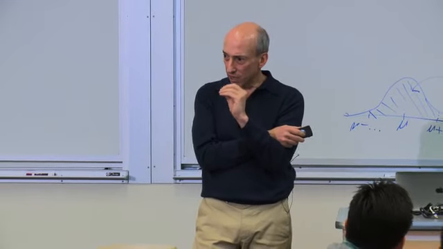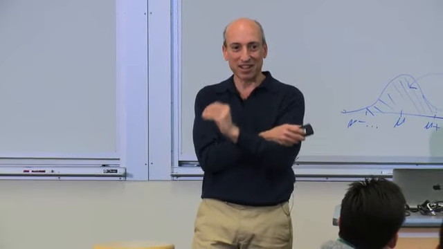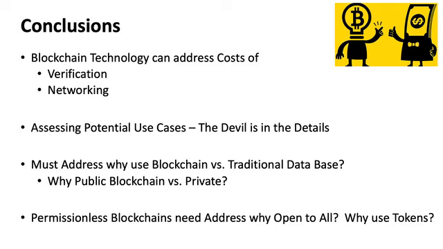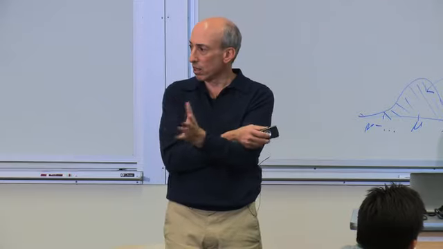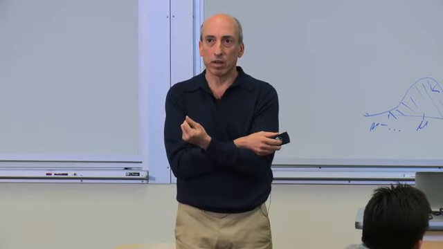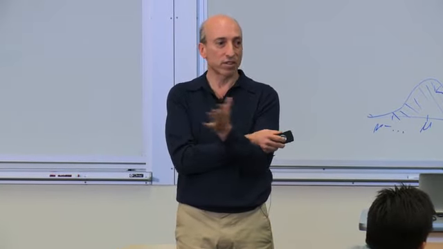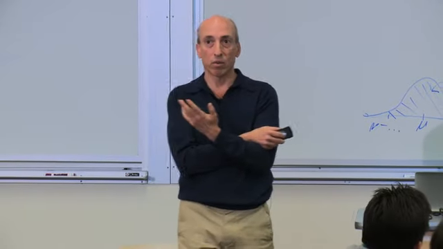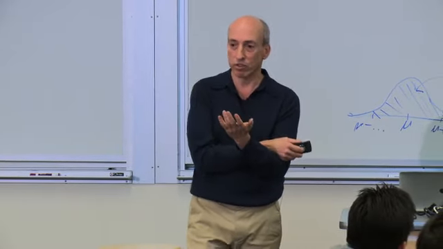These are natty little details: what transactions, who am I going to try to disintermediate, where am I going to create value, why use a permissioned or permissionless blockchain rather than a traditional database, and really get some value. I think you have to address this question, but I think there's potential there. Or why a public blockchain versus a private one.